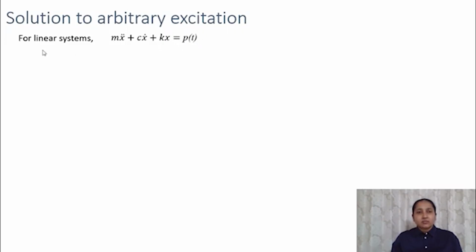So if the system is non-linear, then the spring force term will also be non-linear. So here the force P(t) is varying with time arbitrarily. This is only an example of an arbitrarily varying force. This variation could be anything.